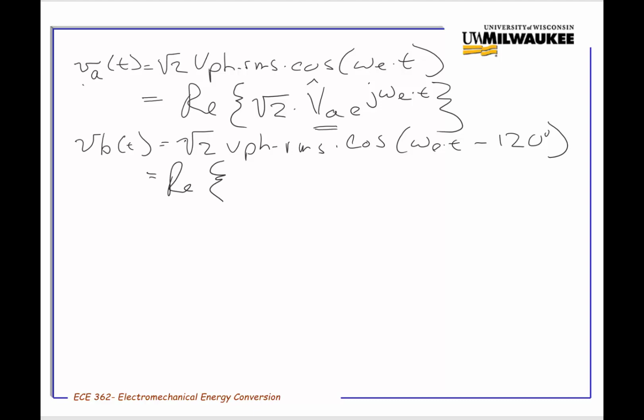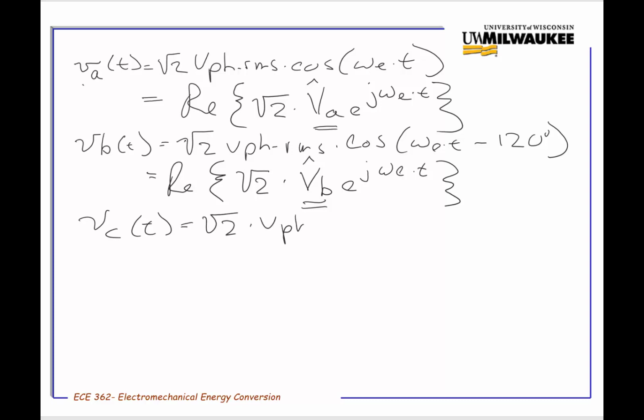The time-variant phasor is square root of 2 times a stationary complex phasor that we will define as VB, and the periodic scalar representation of VC has a phase shift of 240 degrees.